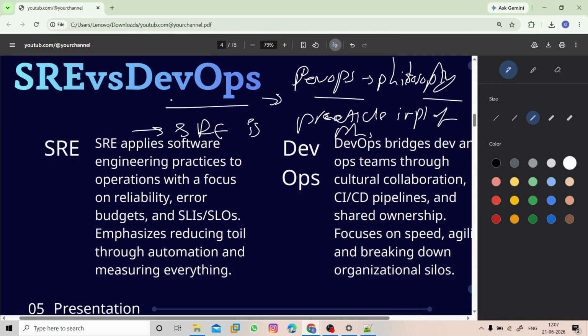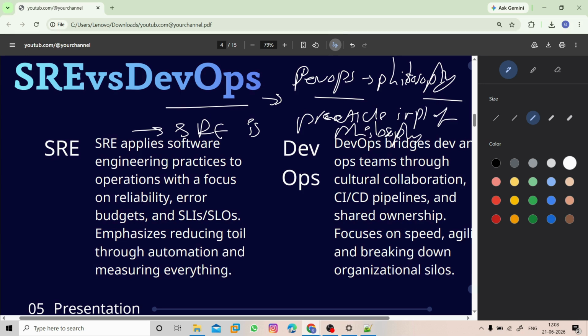You got it, I think. DevOps tells what we should do and what we should achieve, but SRE gives measurable ways to achieve it. That is the main difference.